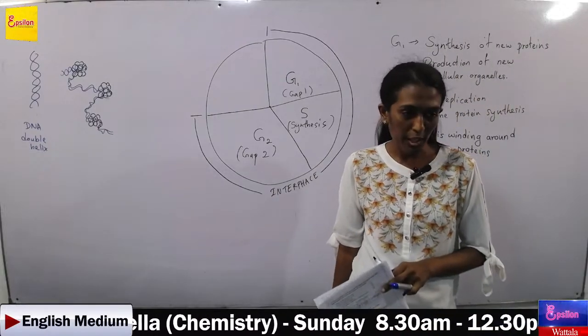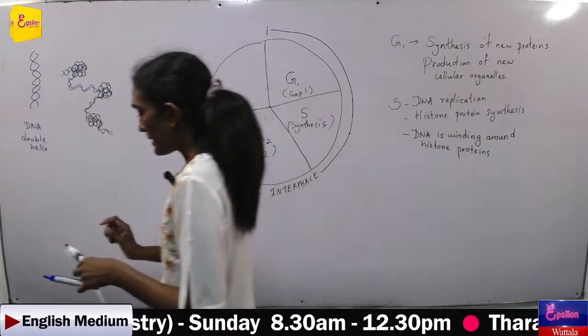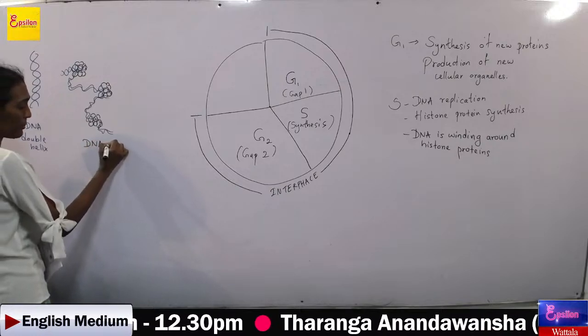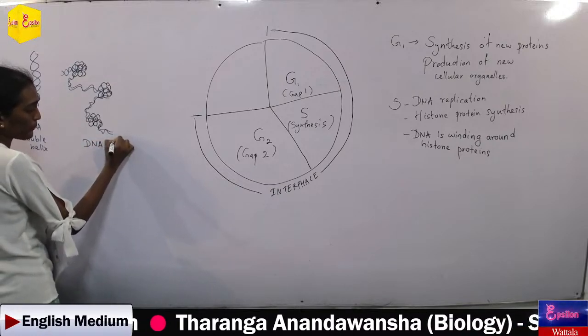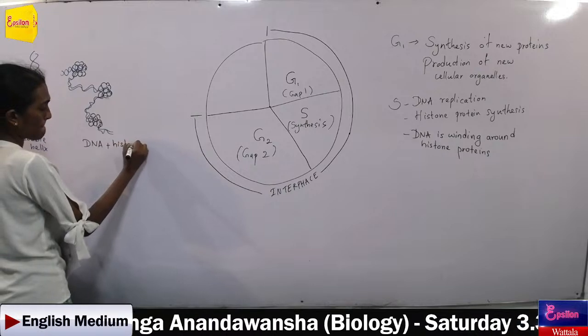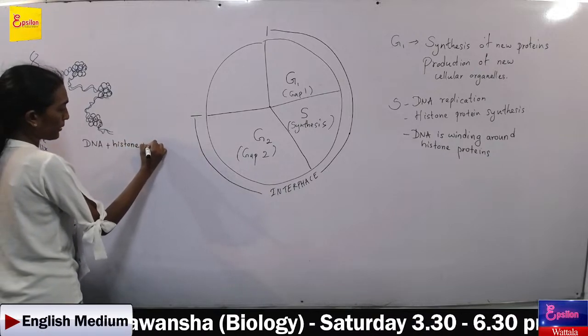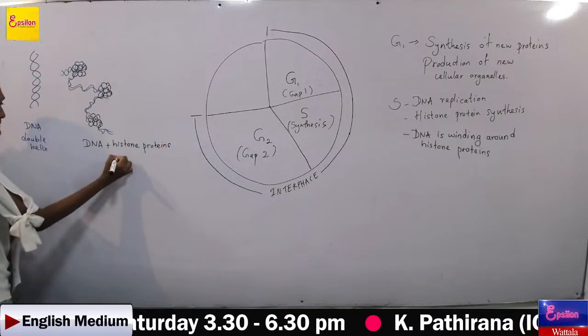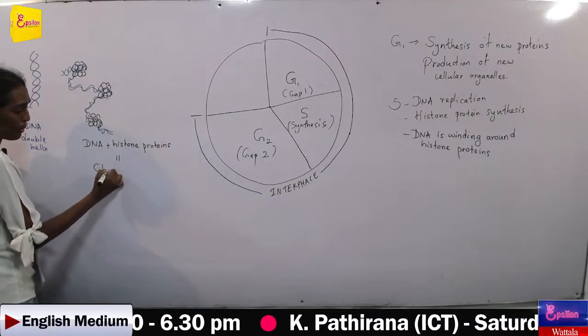Okay, understood now? So once the DNA is wound around histone proteins, which are only found in whom? Eukaryotes only. We call this what? Chromosomes.